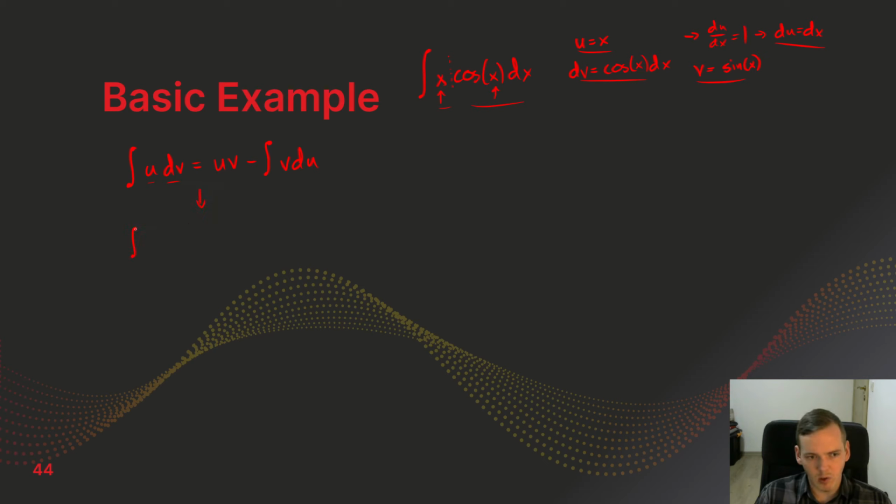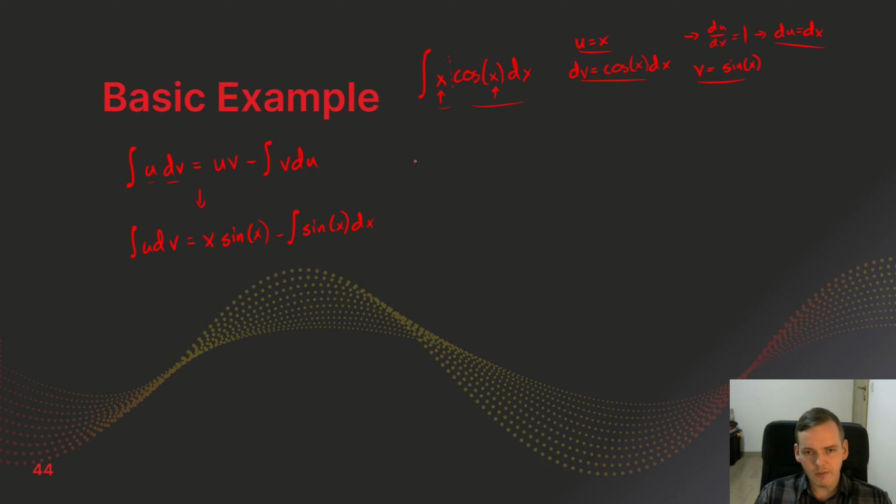So the integral of u dv is equal to x sine of x, because that's my v, minus the integral of v, which is sine of x, and du is just dx.